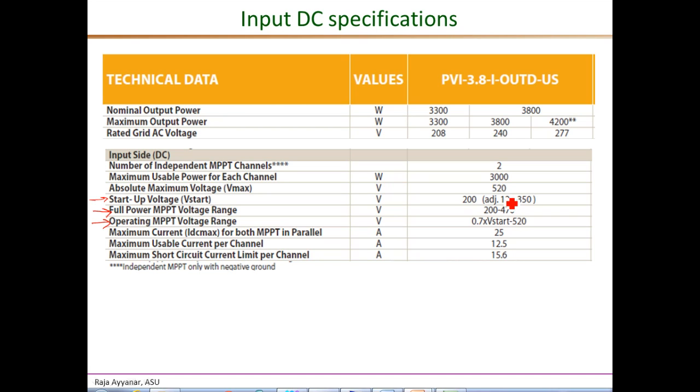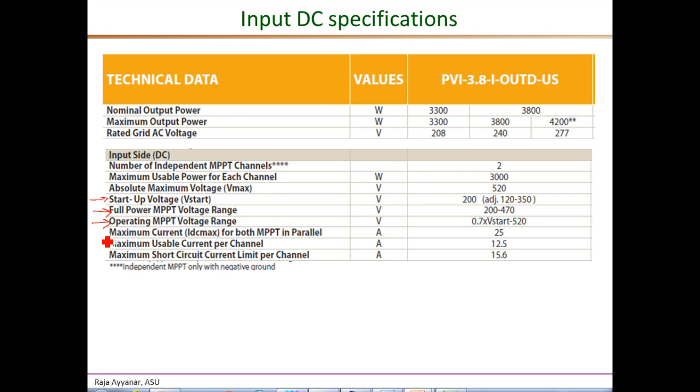But if a larger number of PV panels are connected in series, resulting in higher open circuit voltage, then the startup voltage can be set to a higher level. The reason it does not start below these voltage levels is that at voltages below this limit, the energy content is so insignificant that it is not worthwhile operating the inverter.